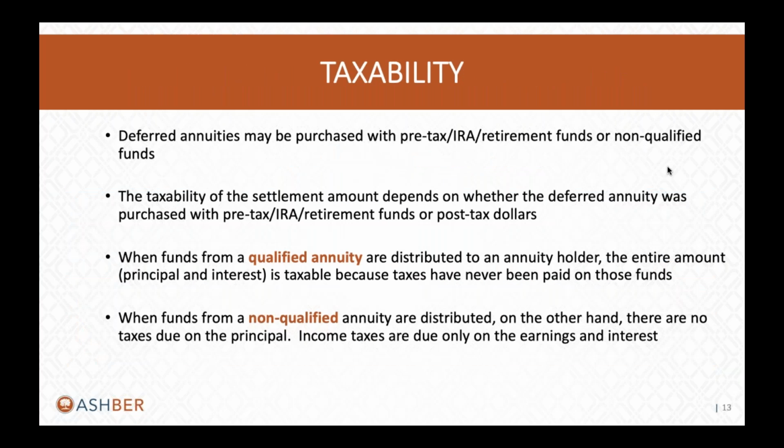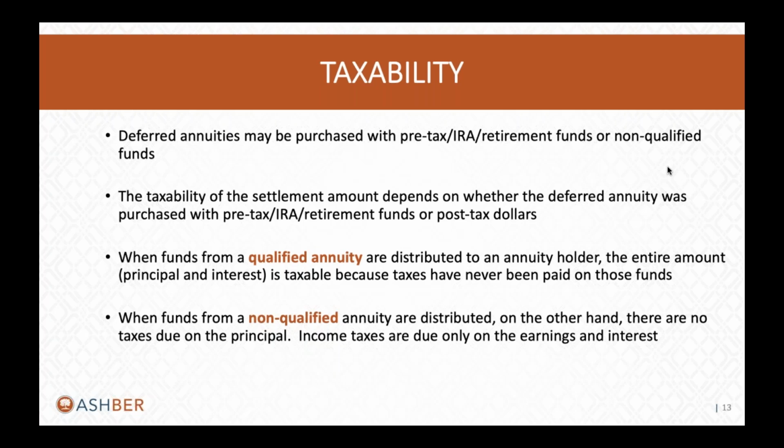Like I said, the taxability of the settlement amount is determined by whether the contract was purchased with qualified money. So with qualified money, the full amount of the annuity is going to be considered taxable when the money is withdrawn or when it is annuitized, unless we were to roll that qualified annuity into another qualified plan through a 60-day rollover or an IRA transfer.